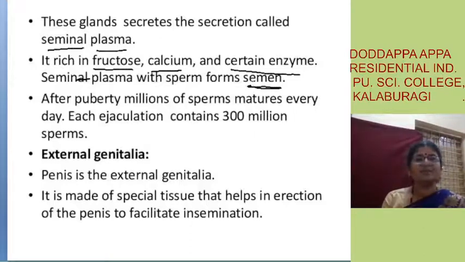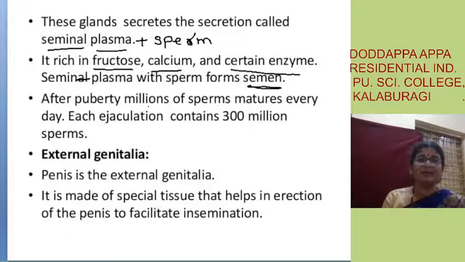What is semen? Seminal plasma plus sperm is the semen. And what does the seminal plasma contain? It contains fructose, calcium, and certain enzymes. So after puberty, millions of sperms will mature every day.